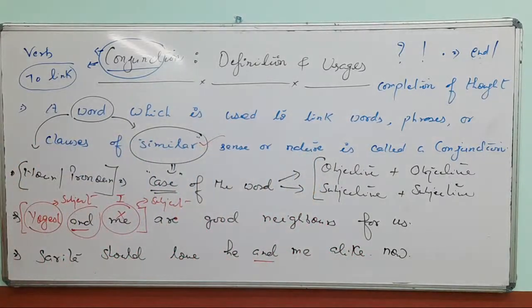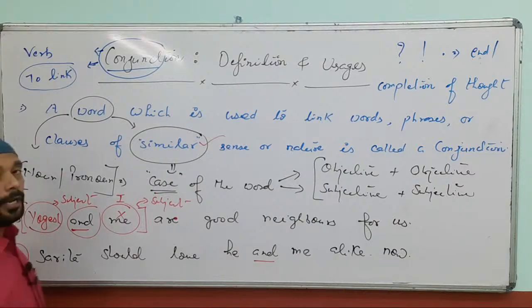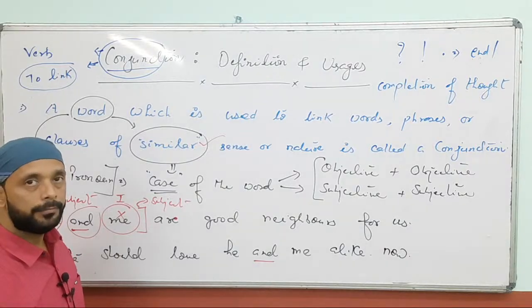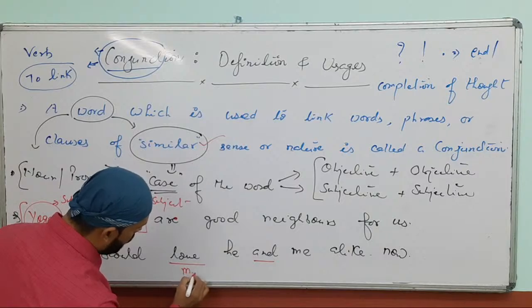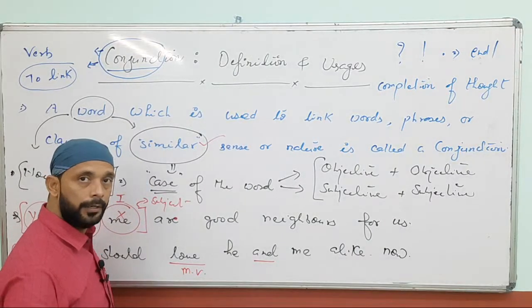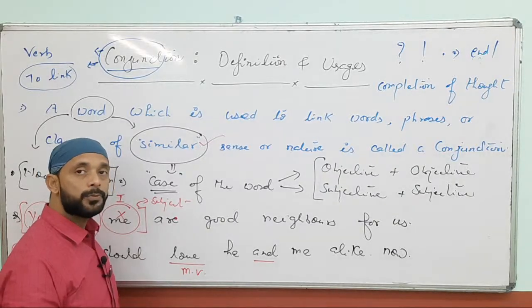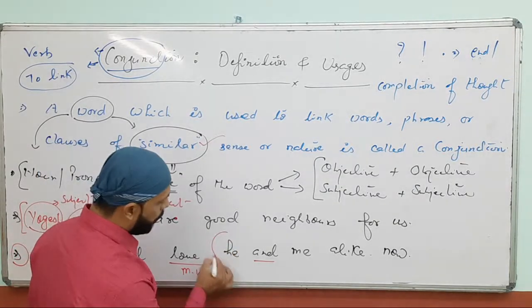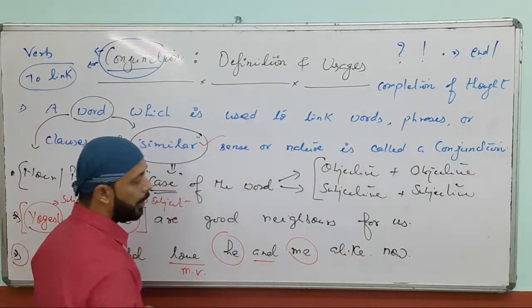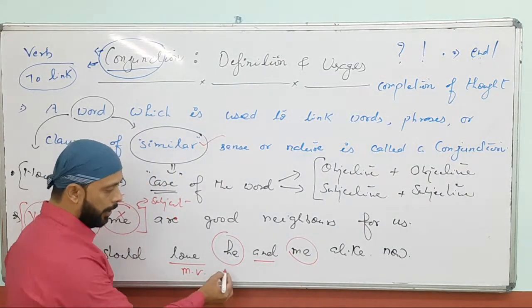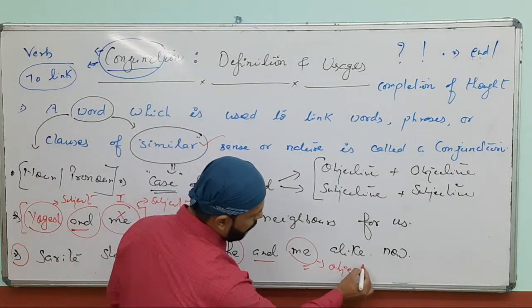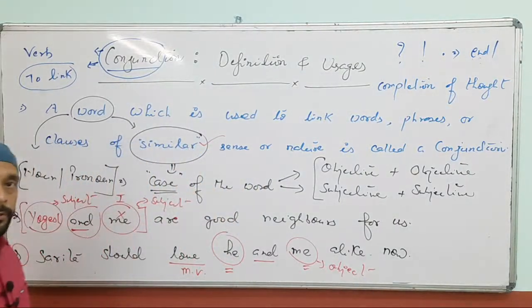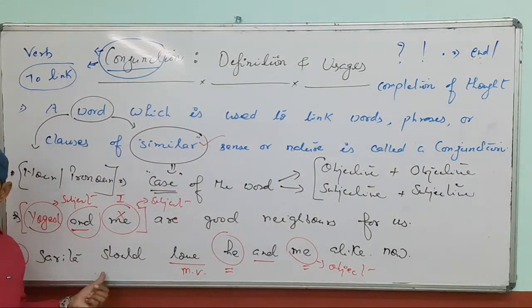Now move to the next example. Sarita should love he and me alike. Now try to see. Now it is love, that's the main verb. Got it? After the main verb, there is a place for an object. But what do you find here? He as a subject and me as an object. So according to structure, which case is allowed here?